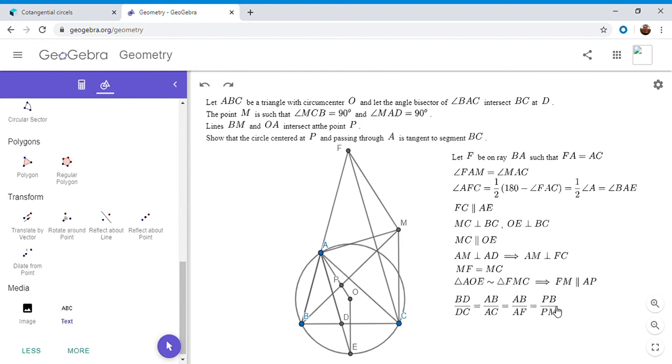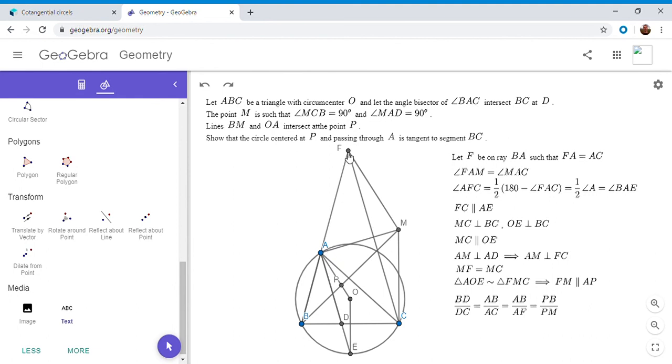So I did a little more work here already, so I'm going to show you guys. But the problem is essentially solved from what I was saying before, because BD over DC is equal to AB over AC. That's by the angle bisector theorem. And AB over AC is AB over AF. That's why we constructed point F, actually, so that we could do this.